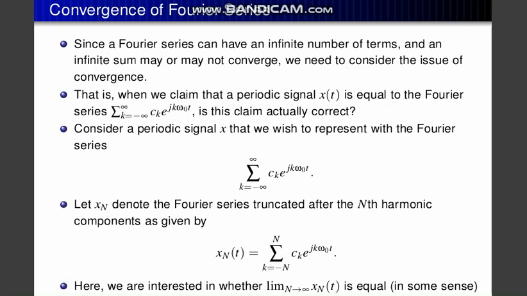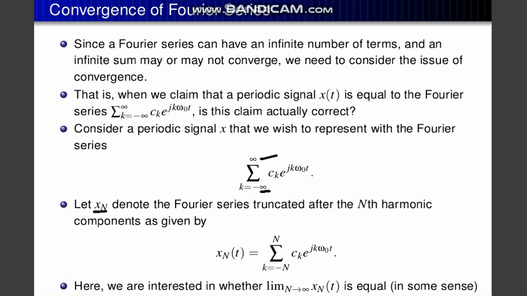So the main part of the Fourier series is this equation, the governing equation of the Fourier series, where c_k is the coefficient, and k runs from minus infinity to plus infinity.